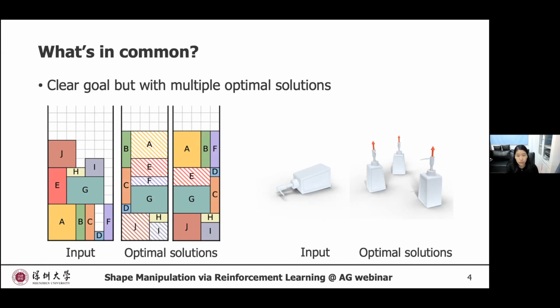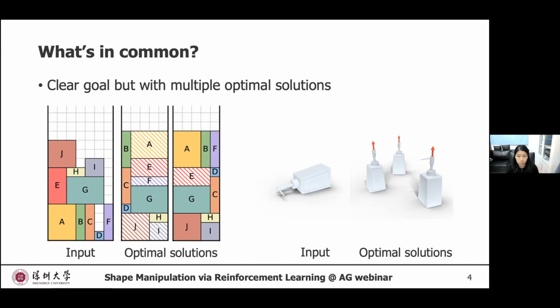For example, for the first problem, the input boxes can be packed in different ways into the target container, but with the same final packing effect, as we show here in 2D for a clear illustration. While for the second problem, we can see that the final state of the object still has 1 degree of freedom and can be rotated around the upright direction.